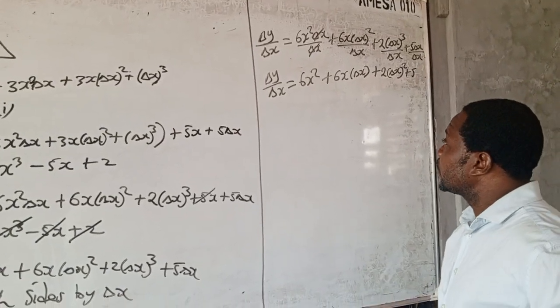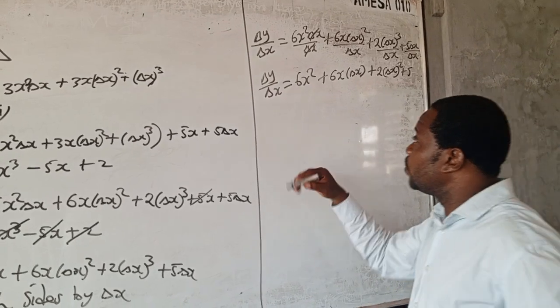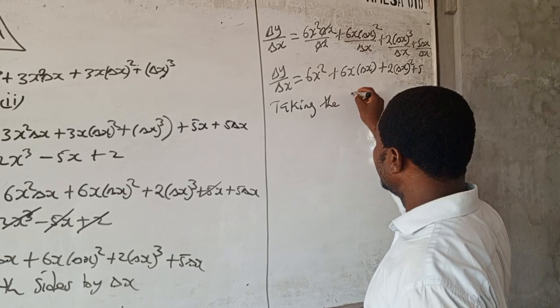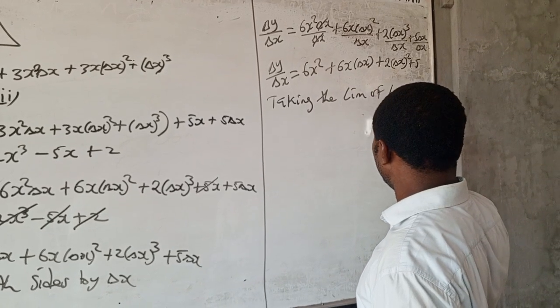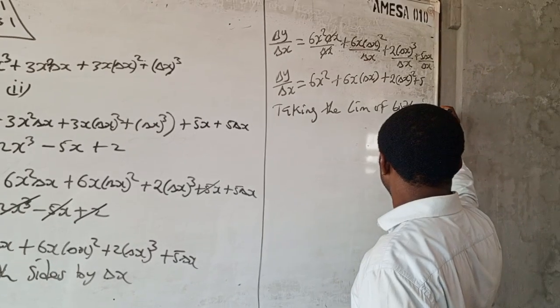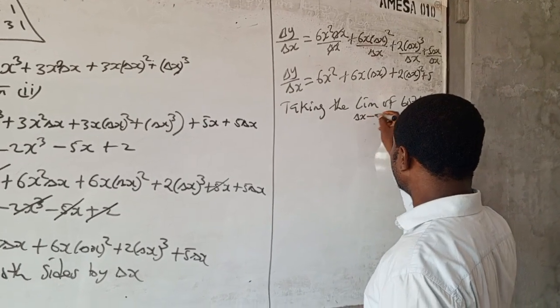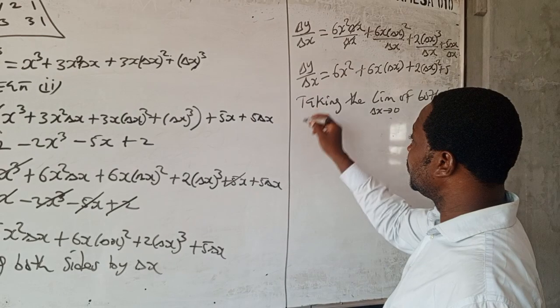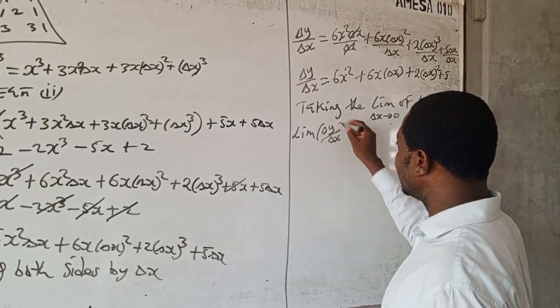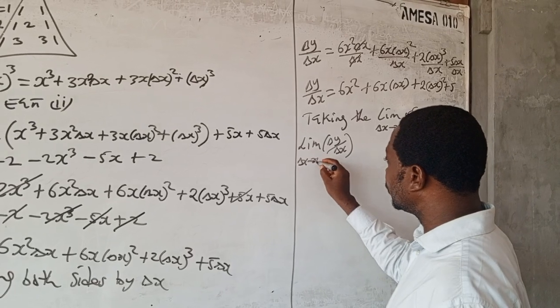Then at this point, what do we do? You take the limit of both sides. So you say taking the limit of both sides as changing s tends to 0. So you take the limit of this, you say the limit of changing y over changing s as changing s tends to 0.